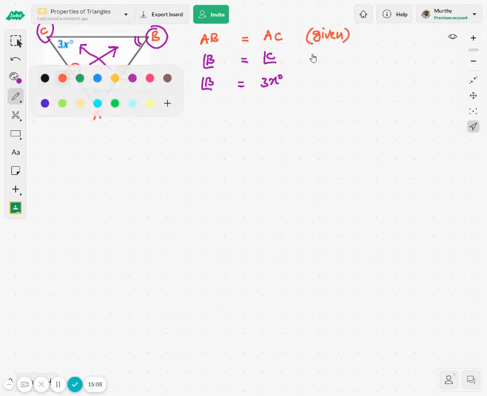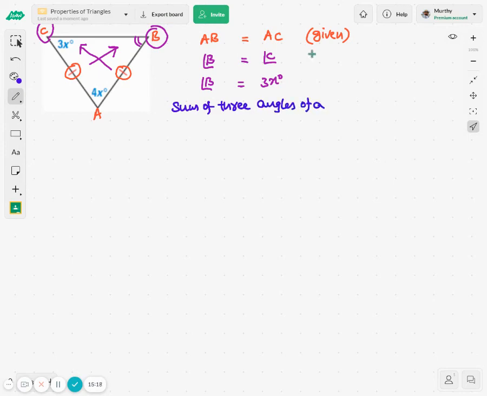Then here comes the next rule: the sum of three angles of a triangle is 180 degrees. Therefore, angle A plus angle B plus angle C equals 180.